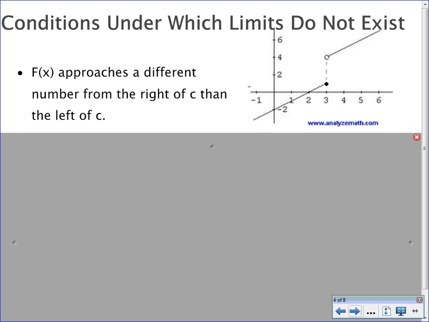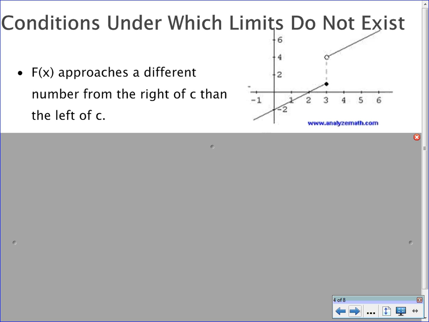Okay? We have a break in the graph at x equals 3. As we approach 3 from the right, we are at 4. We get close to 4. As we approach 3 from the left side, we're getting close to 1. Those are different, and so the limit doesn't exist. Okay? You have a break in the graph.